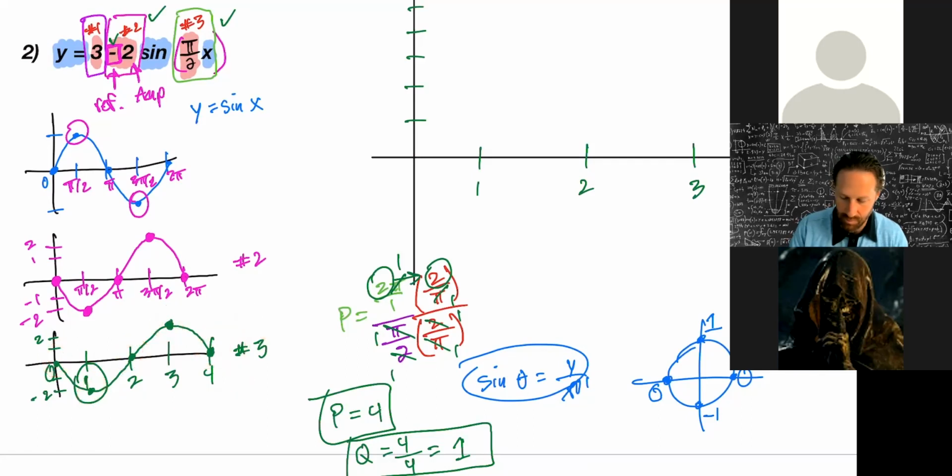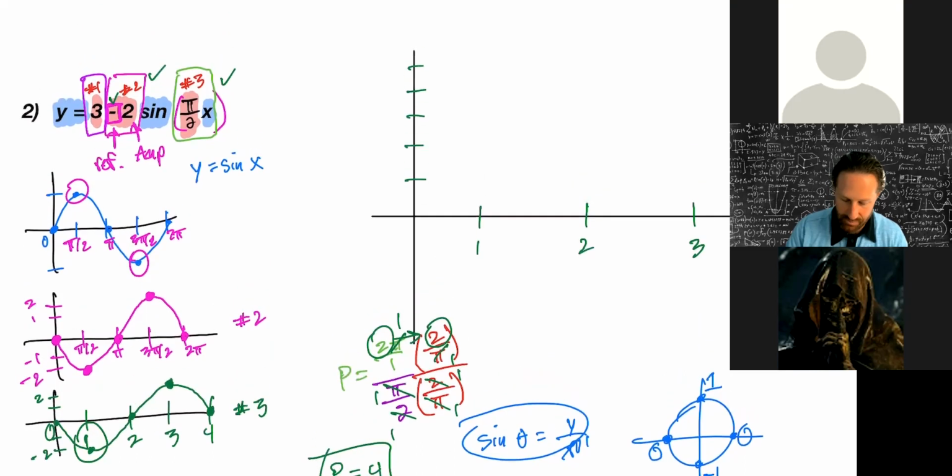Y. Very good. So instead of starting at 0, I will be at what? 3. Very good. Instead of being at -2, I will be at what? 1. Very good. My zeros are all going to be up at what? 3.